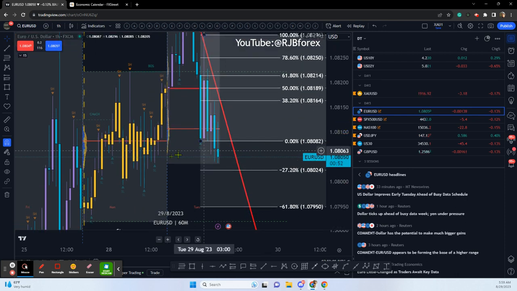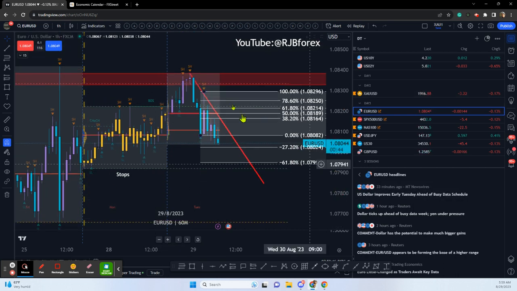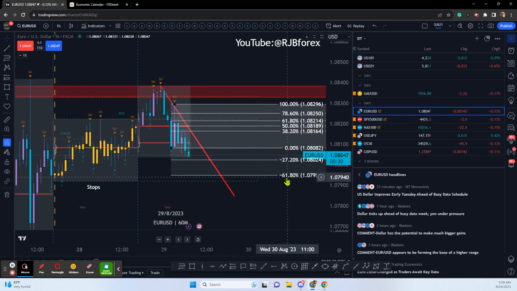108 is probably going to be a support area. The minus 272 of that correction I've just measured. So from the top of the correction, bearish impulse, bullish correction, measuring that correction, downside extension, targeting minus 272 and then minus 61.8 and yesterday's lows.